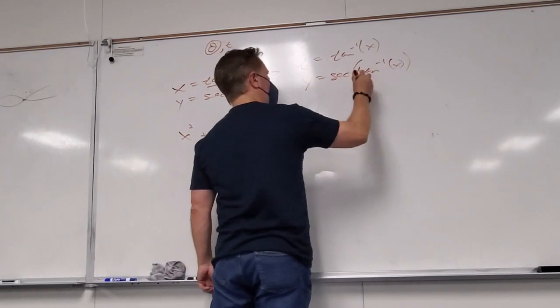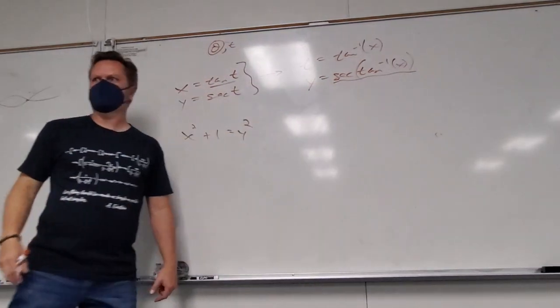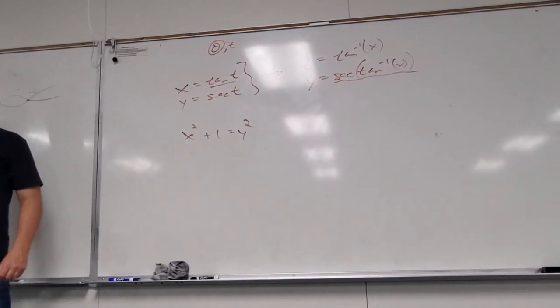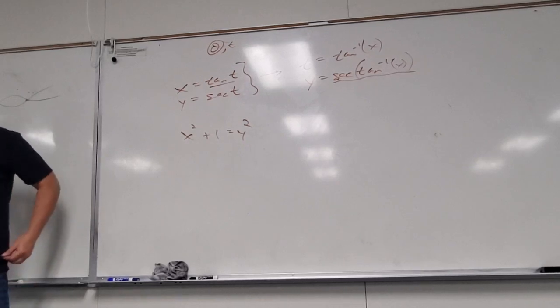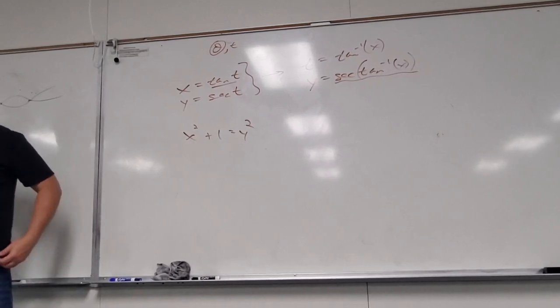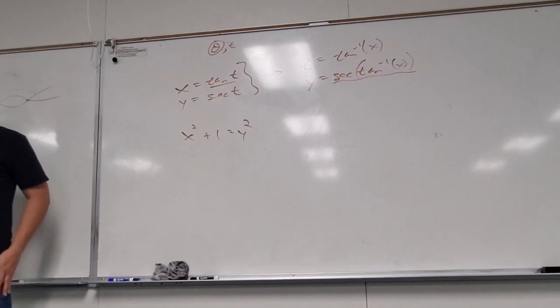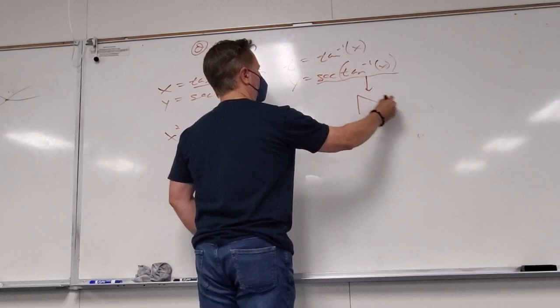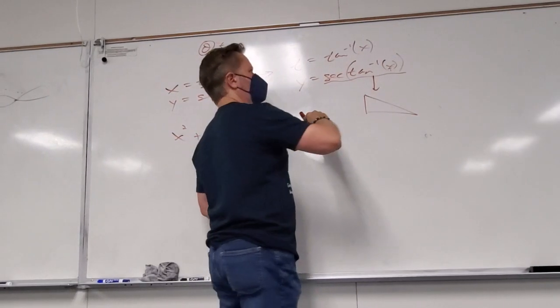This should immediately spur you to realize what you have to do there. Anybody? Think back to chapter 7, everybody's favorite. Use trig sub. Can you draw a triangle based on this? Isn't this x over 1?